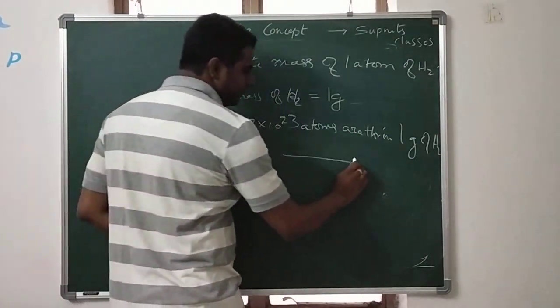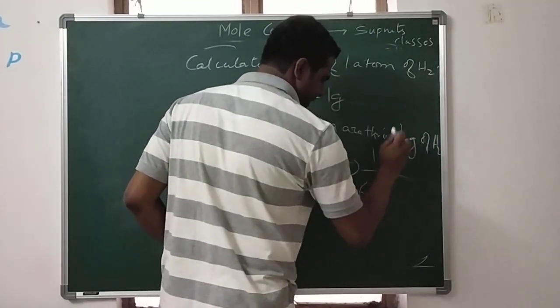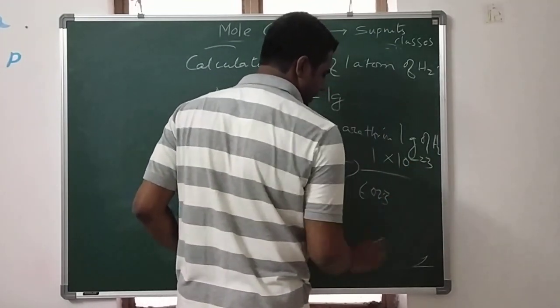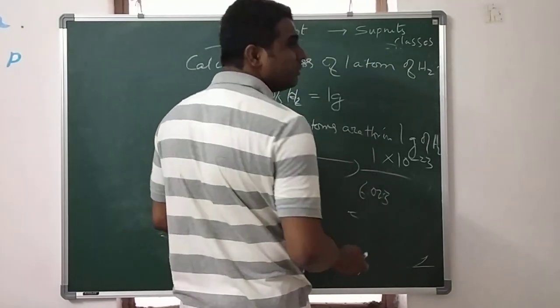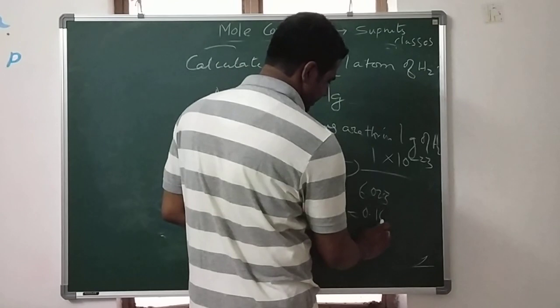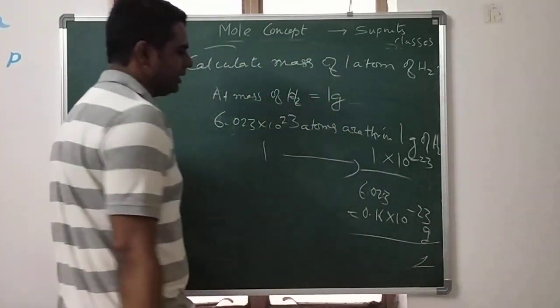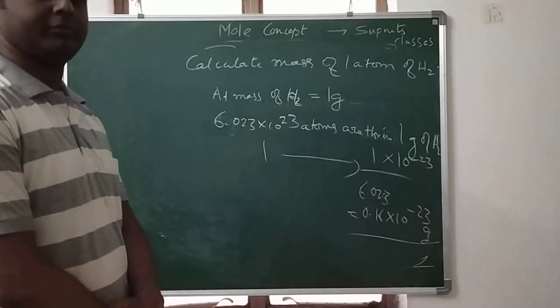So the mass of 1 atom of hydrogen is 1 by 6.023 into 10 to the minus 23. So 1 by 6 will be around 0.16 into 10 to the power minus 23 gram. So this is the mass of one atom of hydrogen. Clear?